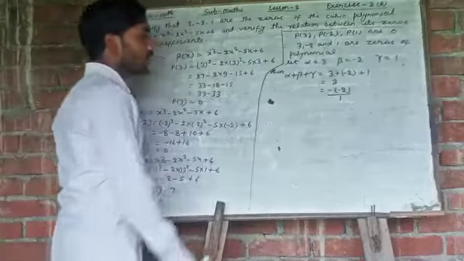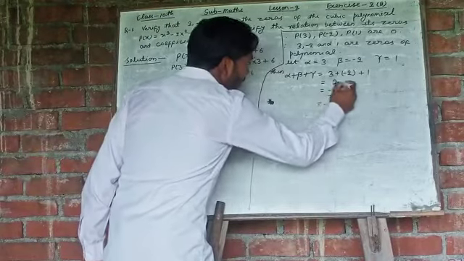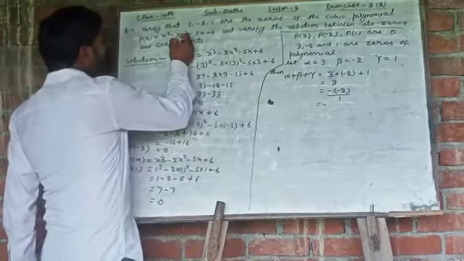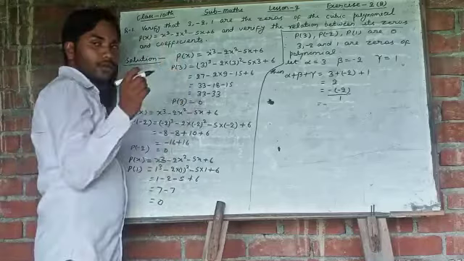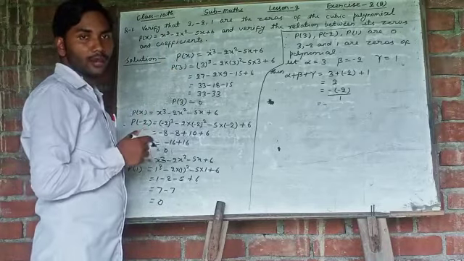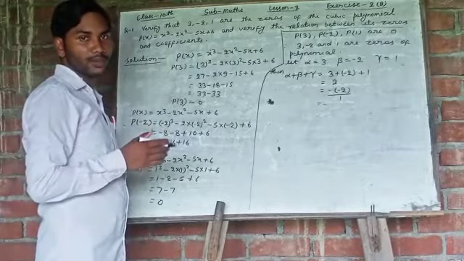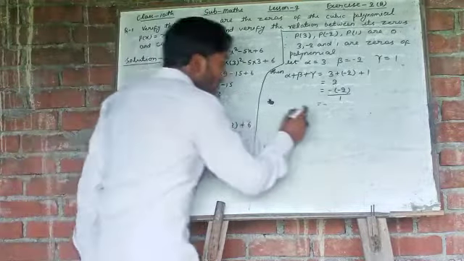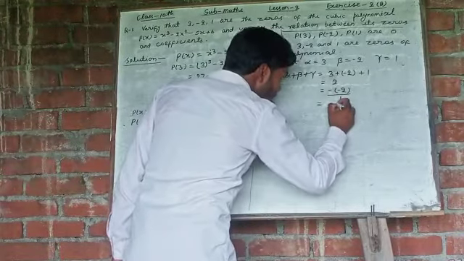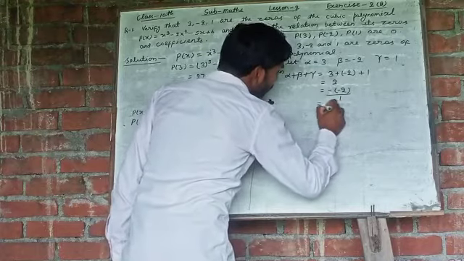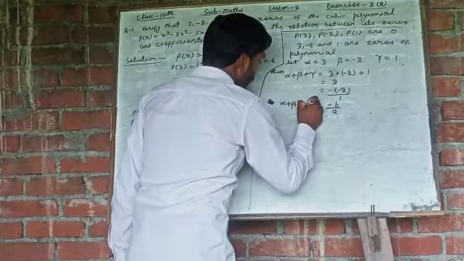This -2 is the coefficient of x², and we know that the cubic polynomial is in the form of ax³ + bx² + cx + d. So from here we get alpha + beta + gamma = -b/a.